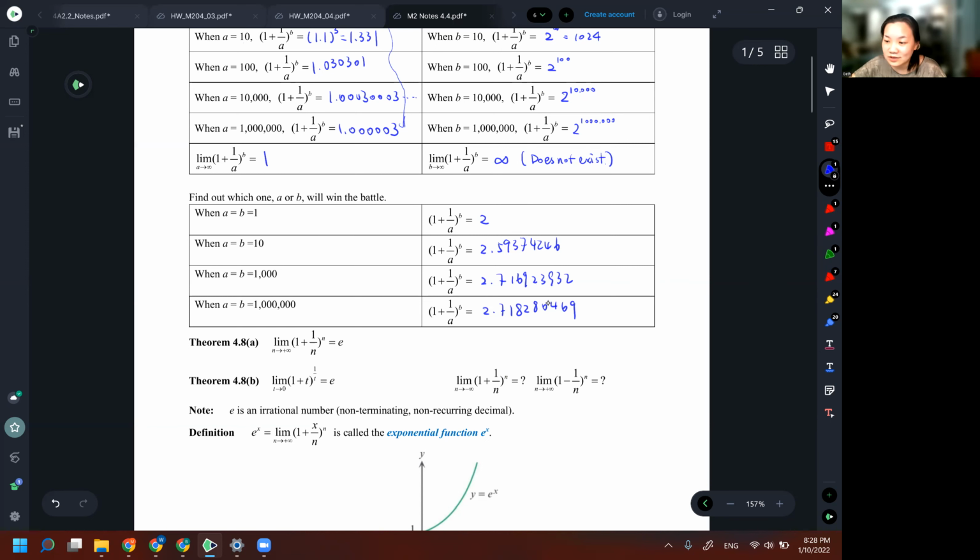And this is a very strange phenomenon that it's either A or B. The value is equal to 2.7 something. And this value is what we call e, the natural number. And we know that this value is a non-terminating, non-recurring decimal. It's very similar to the value pi.